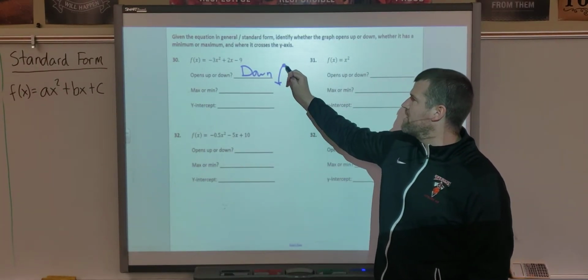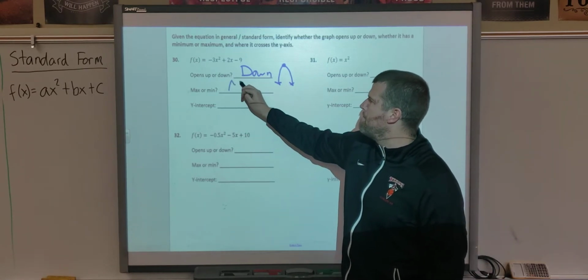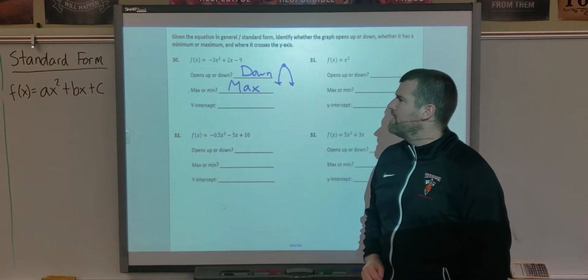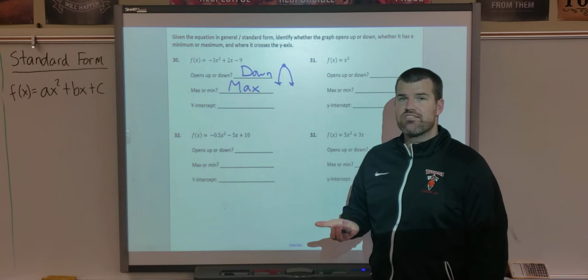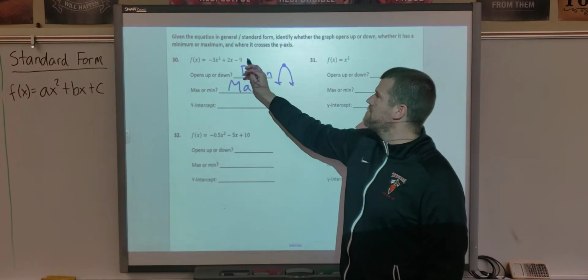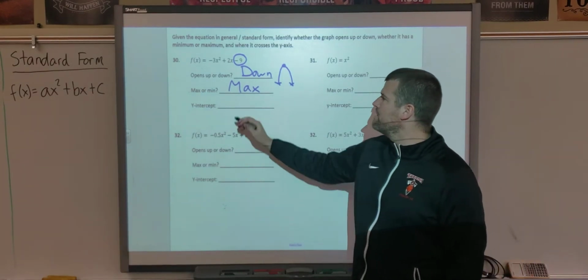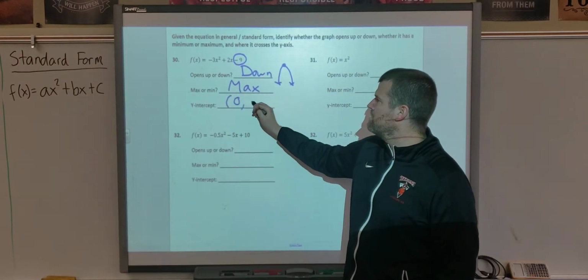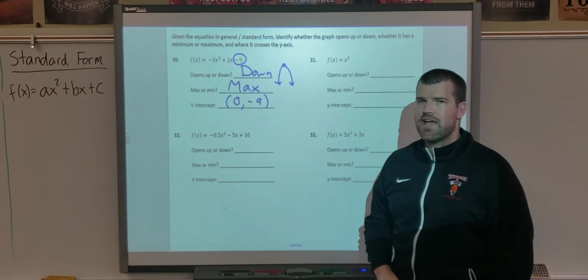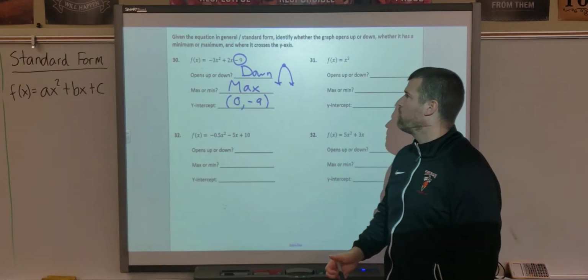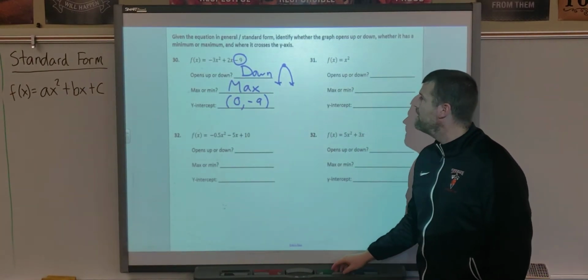Well, it changes direction up there, and that is a max. And then the y-intercept. How do we know the y-intercept? Well, if it's in standard form, we simply look at our c value, which in this case is negative 9. So our y-intercept is (0, negative 9). The c value is always our y-intercept.